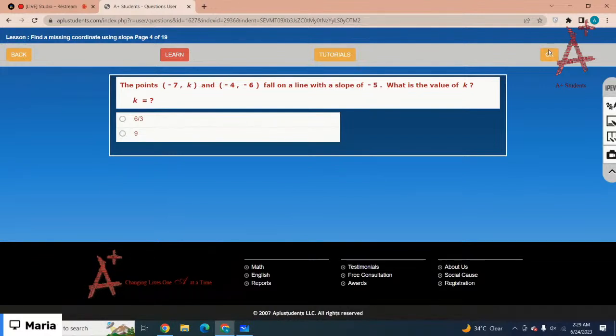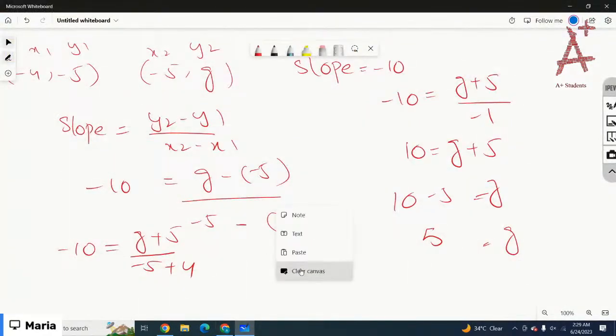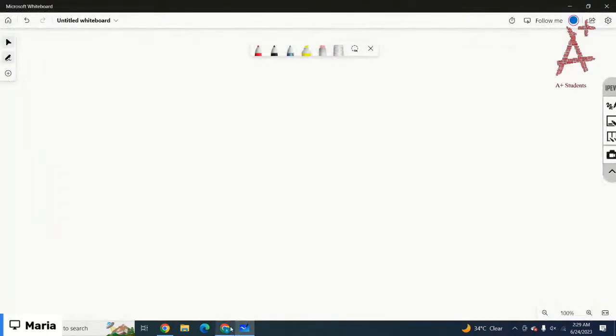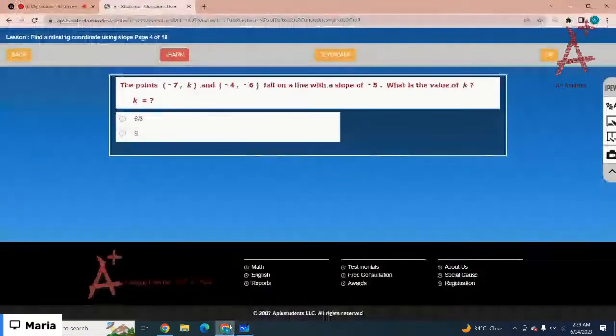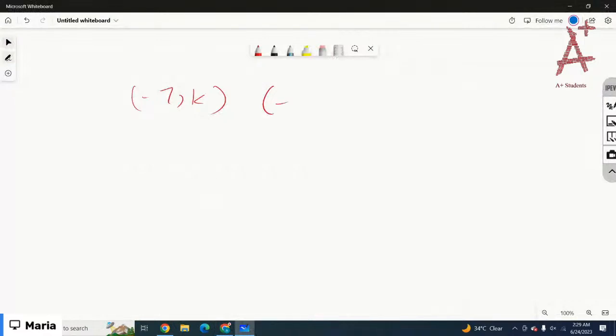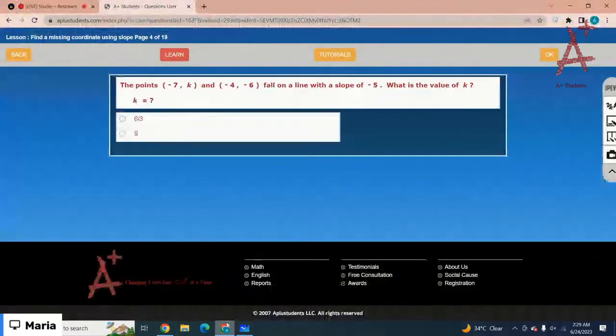It would be negative 7, k and negative 4, negative 6. Slope is negative 5.